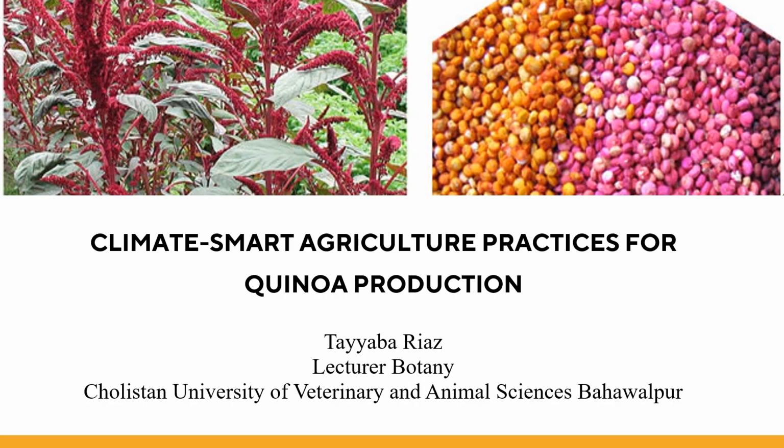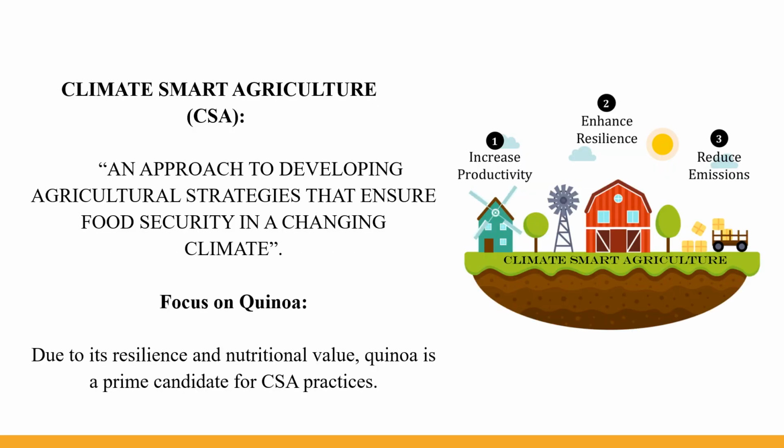Sciences, Bahawalpur. Today the topic of my presentation is climate smart agriculture practices for quinoa production. So, what is climate smart agriculture or CSA? CSA is basically an approach for ensuring food security in this changing environment.